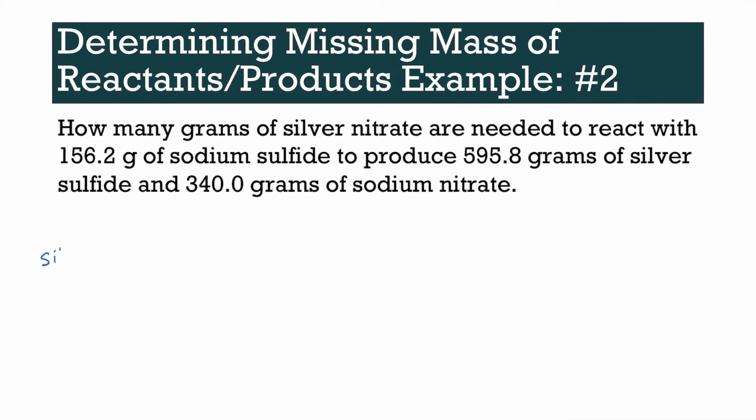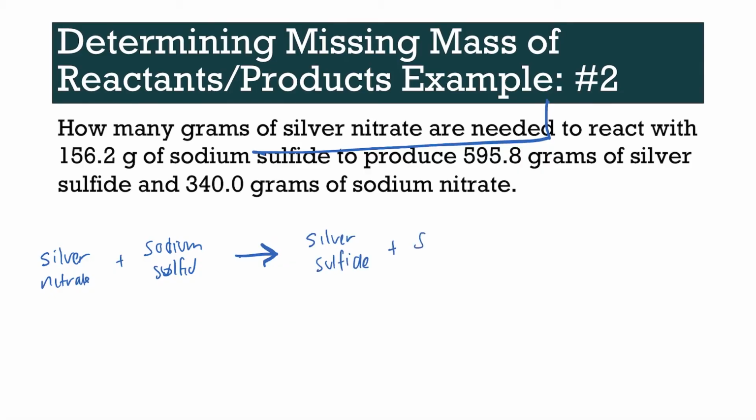So we have silver nitrate plus sodium sulfide are needed to react with. So that means we're starting with this and we're ending with everything else. So we're starting with silver nitrate and sodium sulfide, and we're making silver sulfide and sodium nitrate.